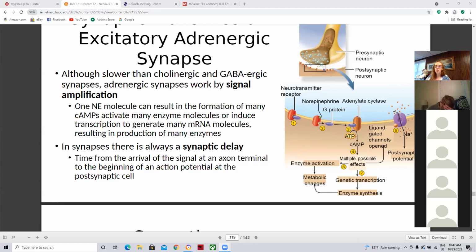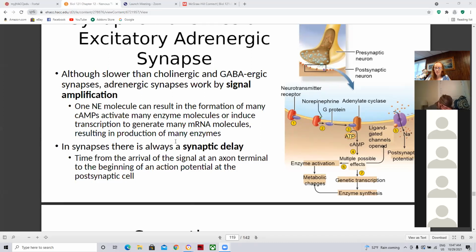In synapses, there's always a synaptic delay. The time from the arrival of a signal at the axon terminal to the beginning of an action potential. So in all synapses, there's a synaptic delay.